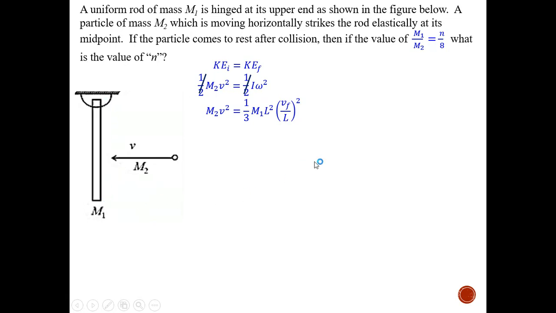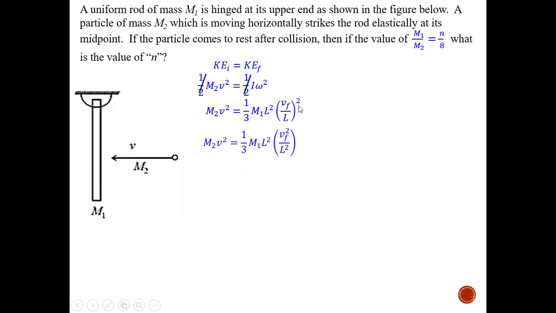Then what you notice here is that instead of writing omega squared, I broke up omega into v over R, with R being the length of the rod. And so therefore, omega squared is simply vf squared divided by L squared. Once you distribute the square to the vf and the L, it becomes L squared.